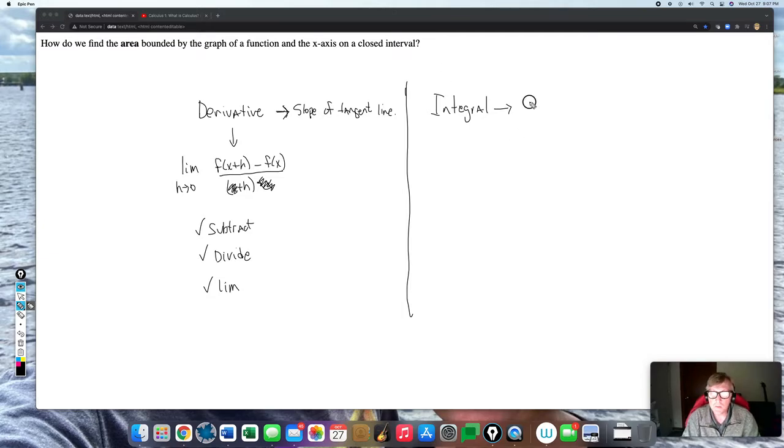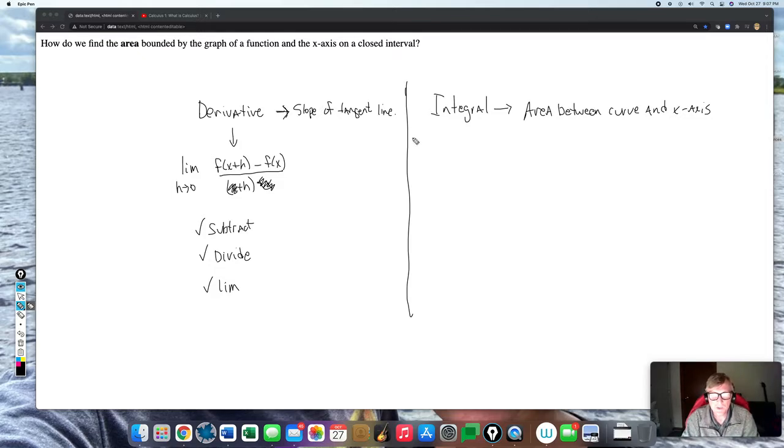But that's the main motivation for integrals, to find the area between a curve and the x-axis on a closed interval. Okay, so that's what you're finding, the area between somewhere and somewhere, right?